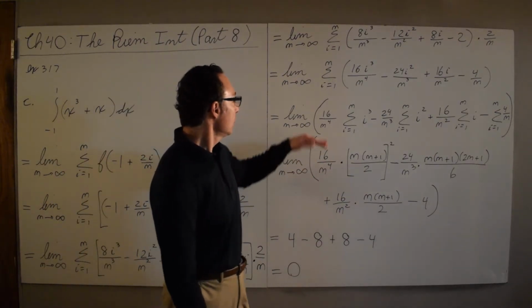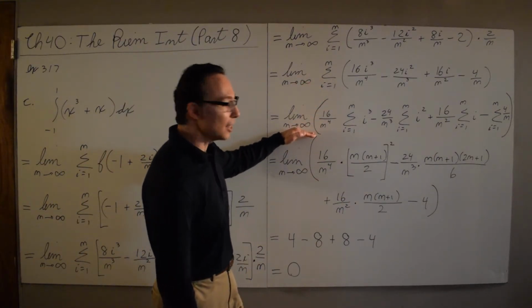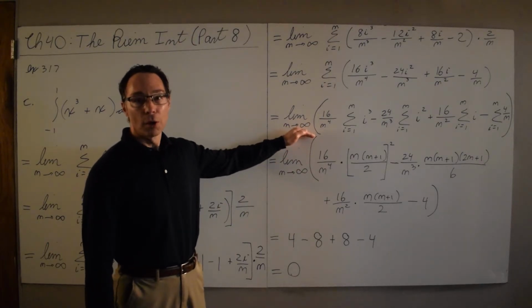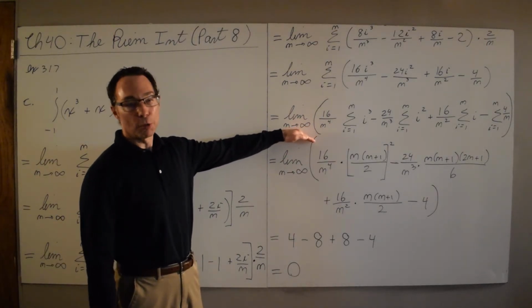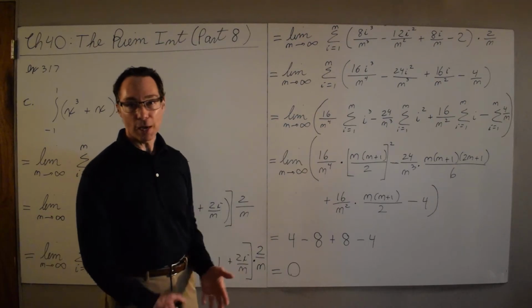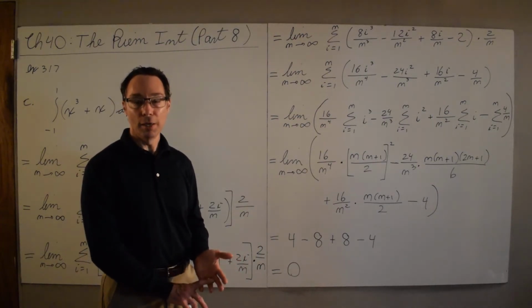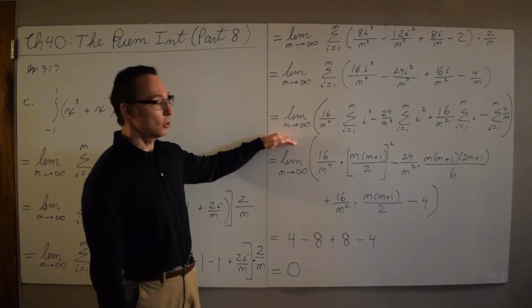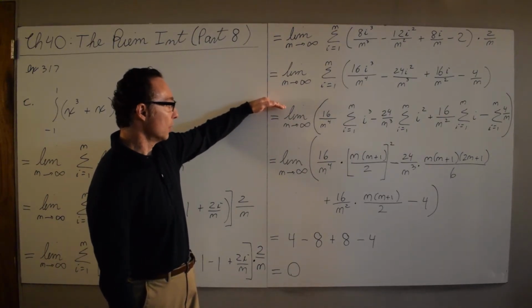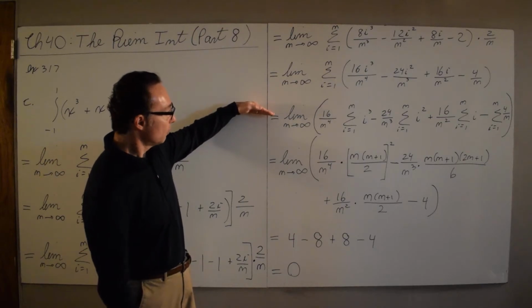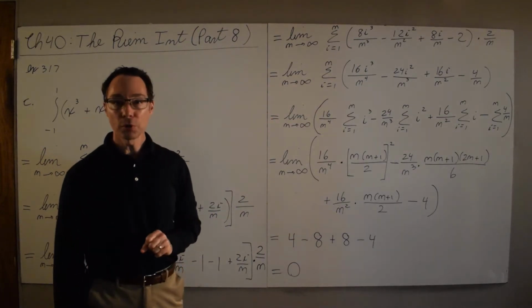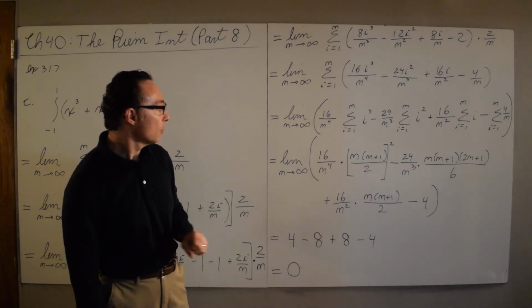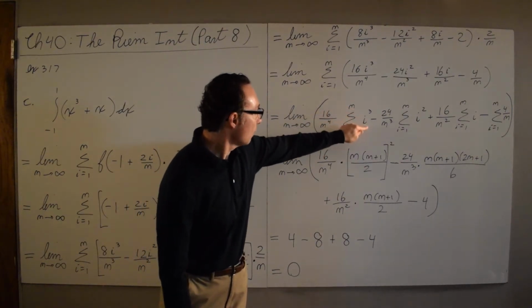And remember, going from this step to this step is simply using our usual properties of arithmetic. We've just used the fact that we can add in any order, addition is associative and commutative, and multiplication distributes over addition. That's all we're doing from here to here. Then when we go from this step down to this step, we're using our summation formulas. So we have the sum i equals 1 to n of i cubed.